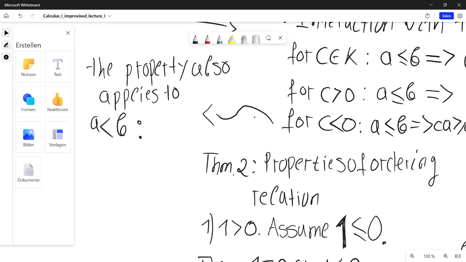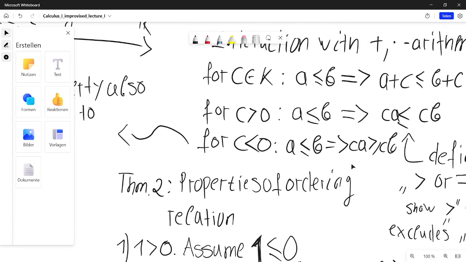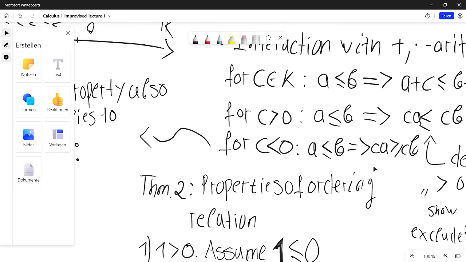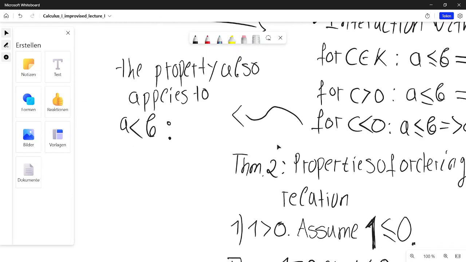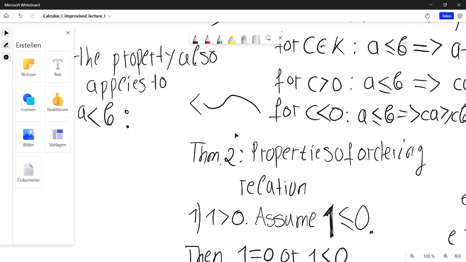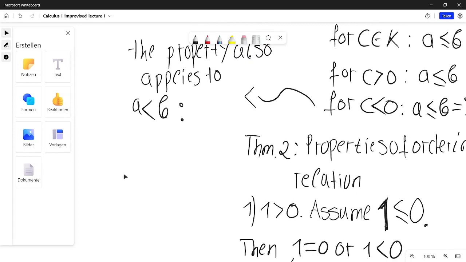Isn't it actually trivial? Ah, yeah, of course, not entirely.